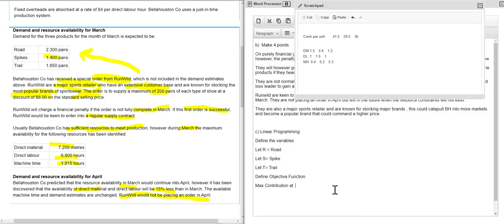So I now have the information I need to say what I'm maximising contribution at. So I'm going to maximise contribution at 41.5 R plus 29.5 S plus 36 T. Now I need the constraints, and you need a non-negativity constraint.